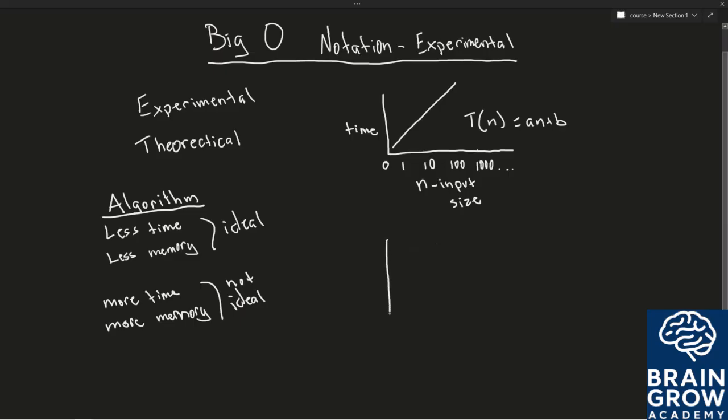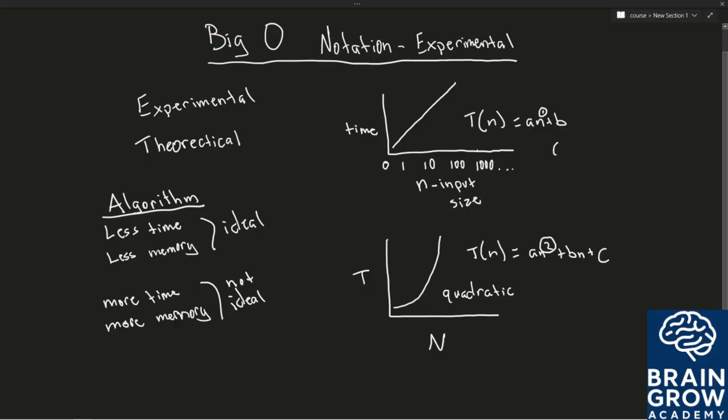So again, we can look at another graph here where we have our time and our input size, and we can also have a graph that looks something like this, and this would be quadratic. And so to represent it, t of n is equal to an squared plus bn plus c. So we see we have 2 here, but then up here this is 1.